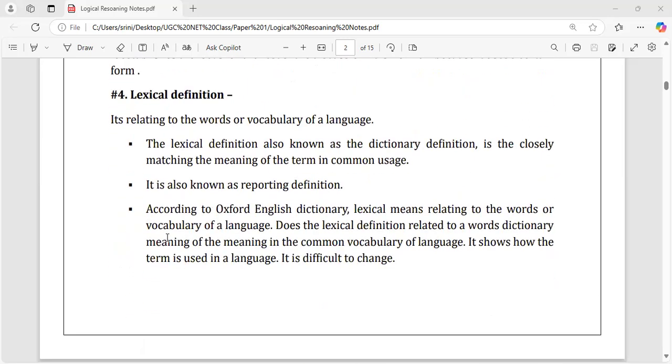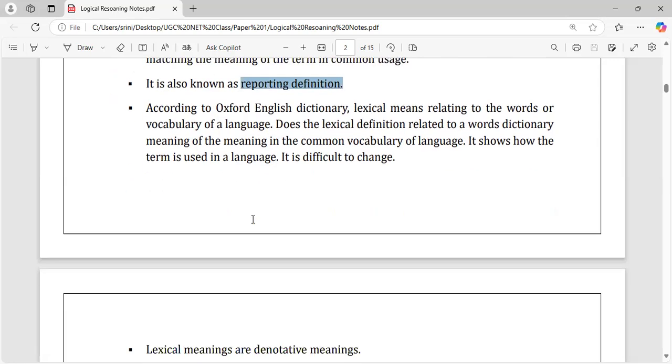Then lexical definition: related to the words or vocabulary of a language. The lexical definition, also known as dictionary definition, closely matches the meaning of the term in common usage. It's also known as reporting definition.